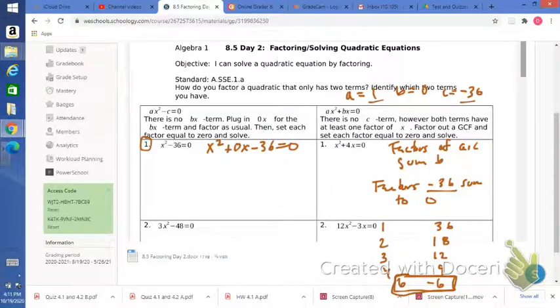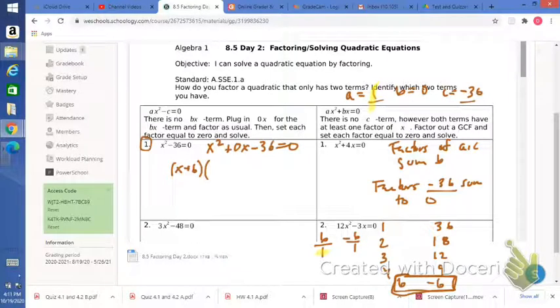Once I have them, remember that we put them over whatever our a term is. In this case, it's 1. So 6 over 1 and negative 6 over 1. And then to write in factored form, we put our left parenthesis, and then we have a 1, and that always gets paired with an x. So 1x or x, and then plus 6. It's whatever's above it.